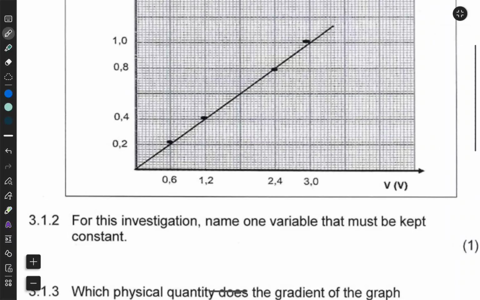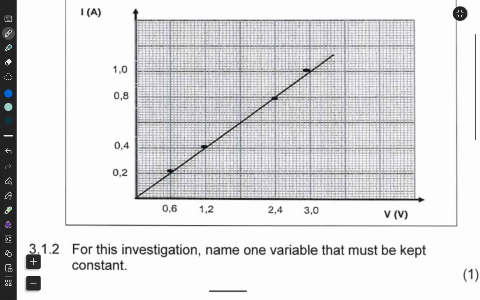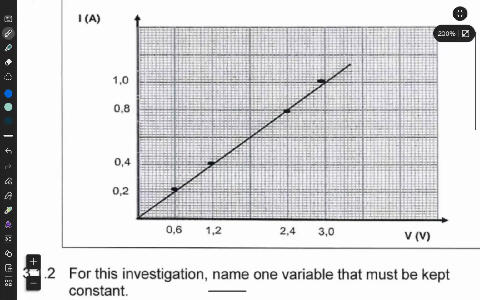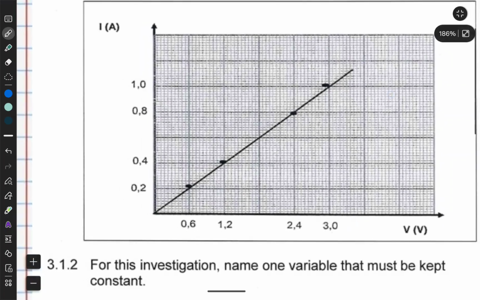In an ohmic conductor investigation, remember what we're trying to prove there is Ohm's law. In such investigations, you would have to make sure that the primary variable that is constant, which is the most important one, is the temperature.